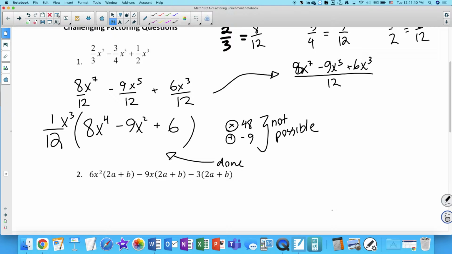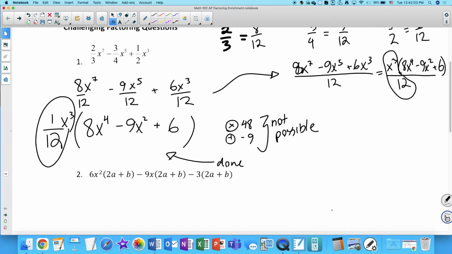Then in the numerator, you can factor out the x cubed, and you'll get x cubed times 8x to the 4 minus 9x squared plus 6 over 12. And so you can see that this part is the same as that part. Okay, so that's another way of looking at it.